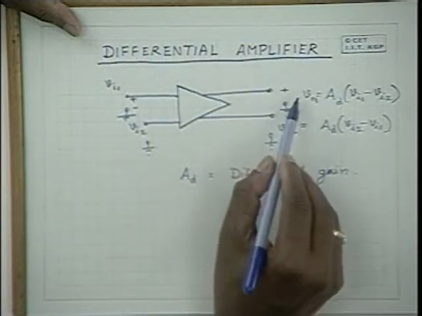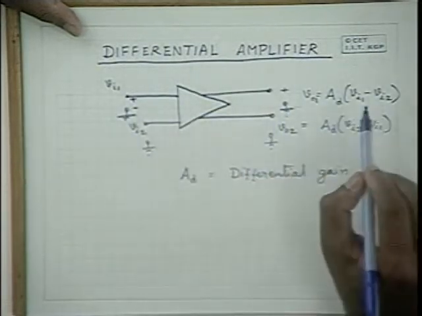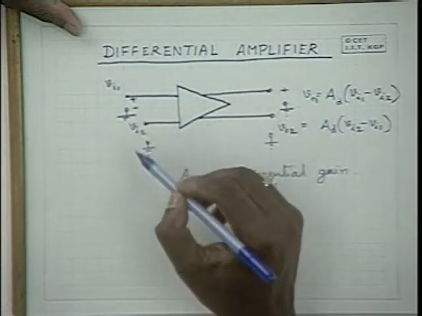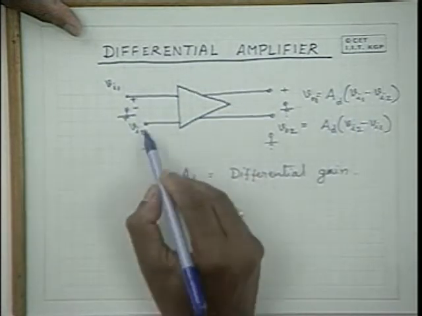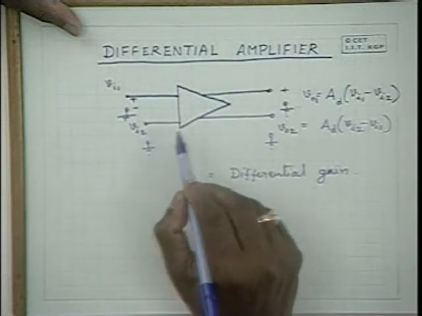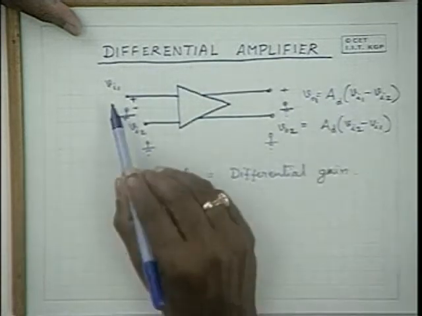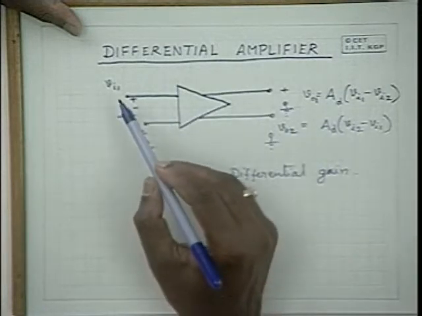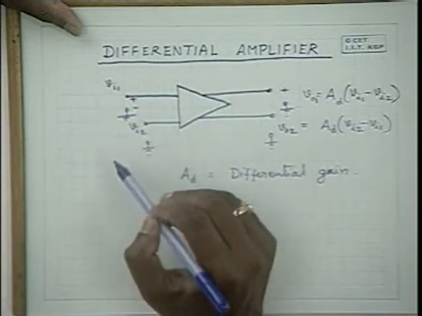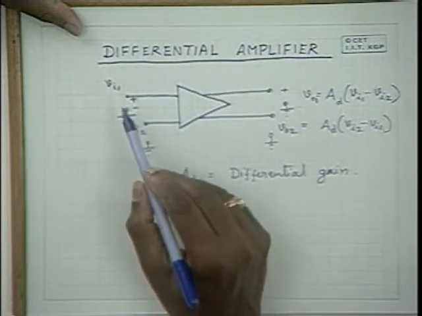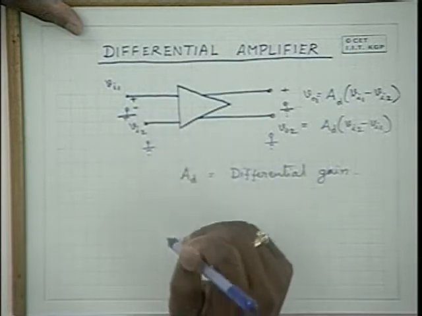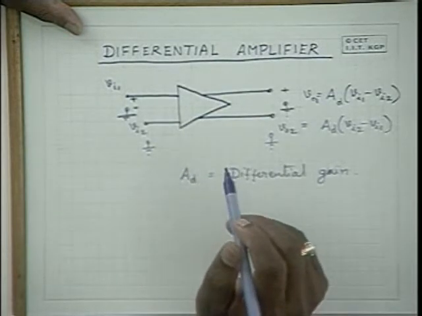The output signal is an amplified version of Vi1 itself, because the difference is equal to Vi1 when Vi2 is 0 or grounded. This is known as single-ended operation, where you apply only one signal and the other terminal is grounded.